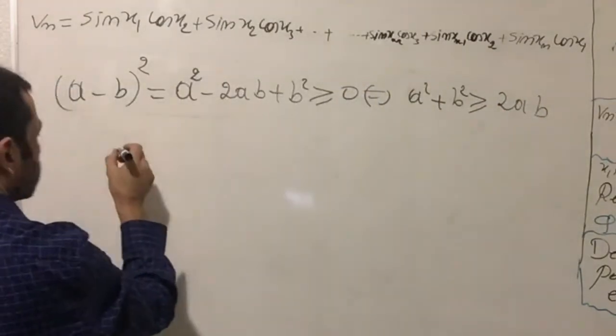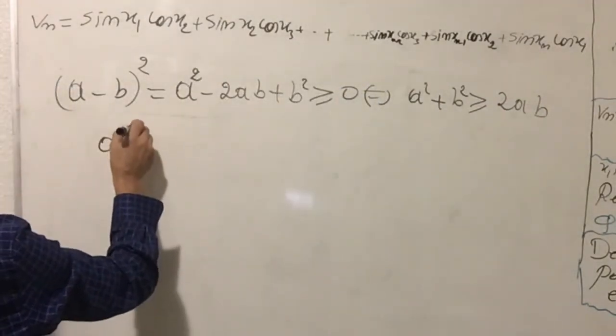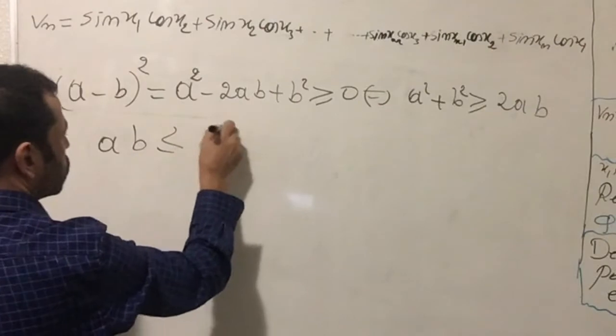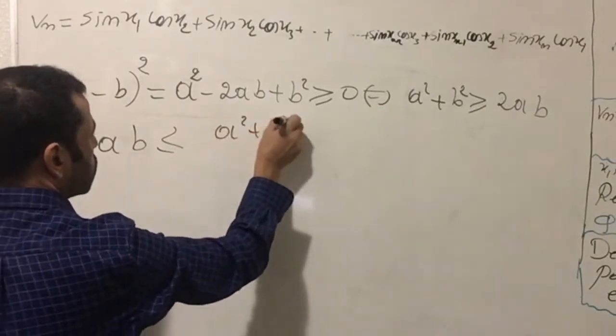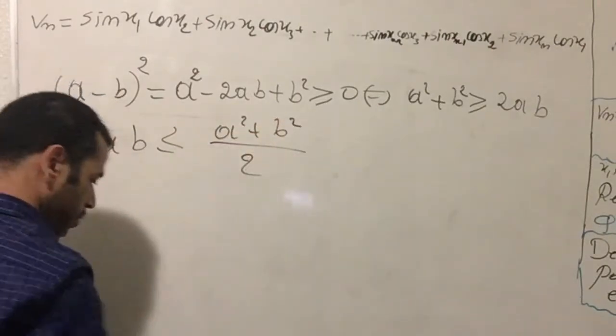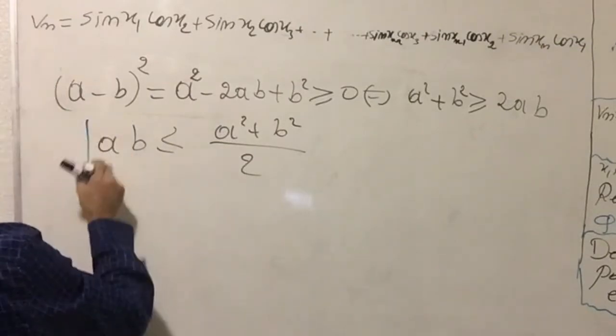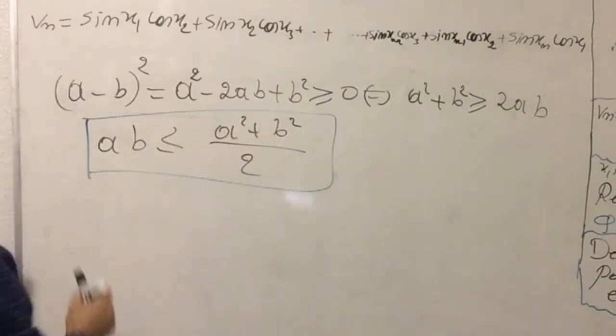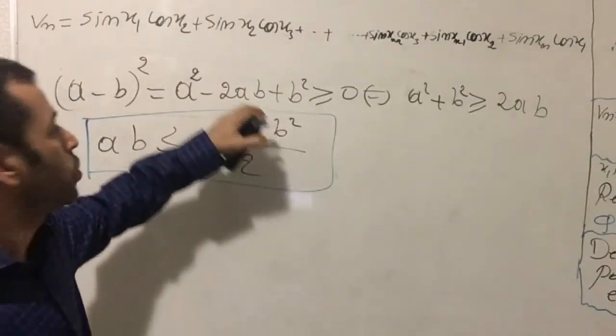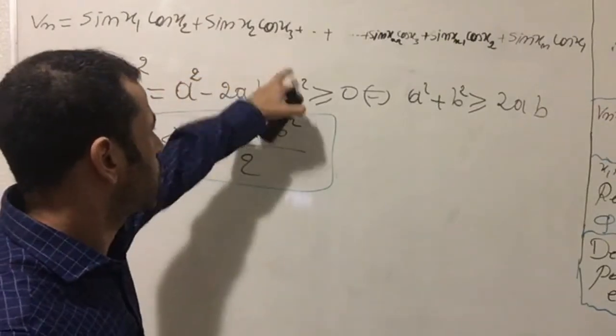So we have ab is less than or equal to a squared plus b squared over 2. This is the formula that I'm going to apply in this problem.